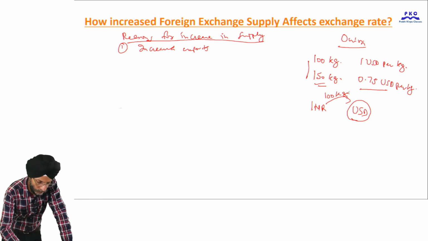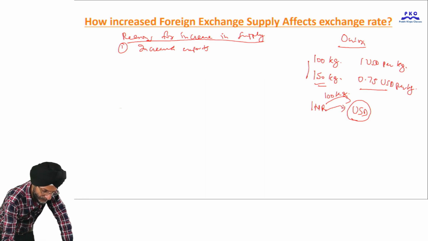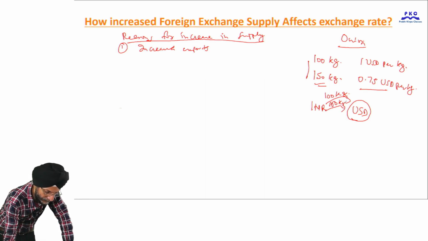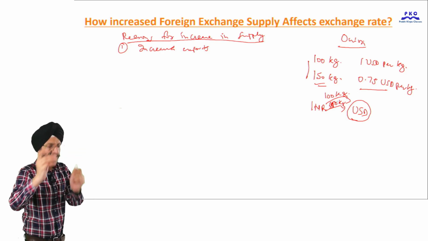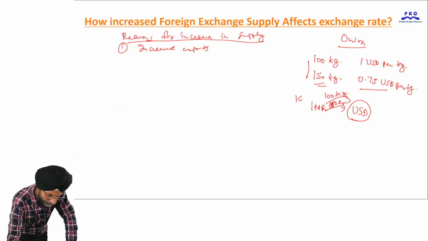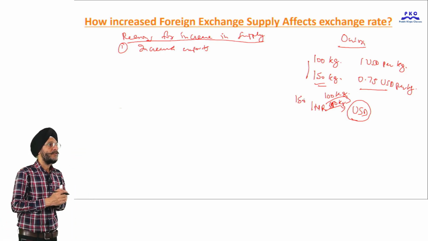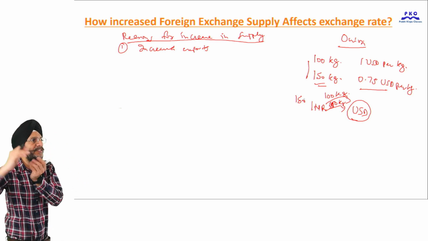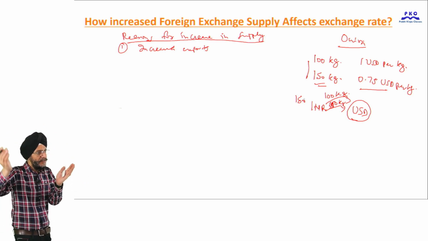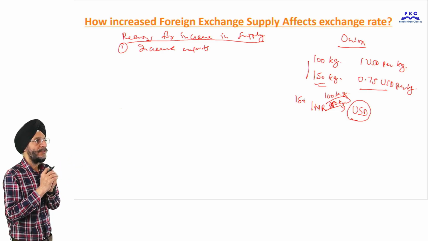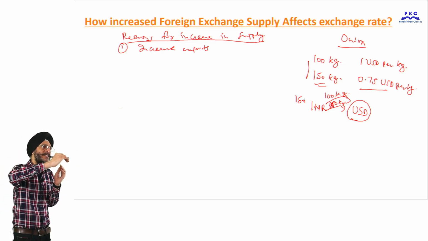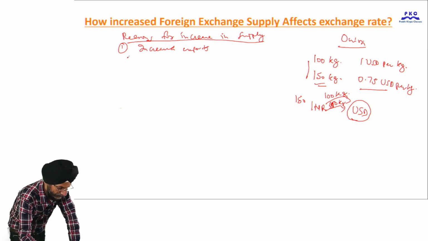Now our exports have increased from 100 to 150 kg. So when there is an increase in exports, in return we will get US dollars. So the supply of foreign exchange will increase.